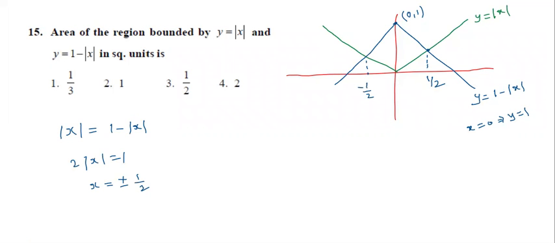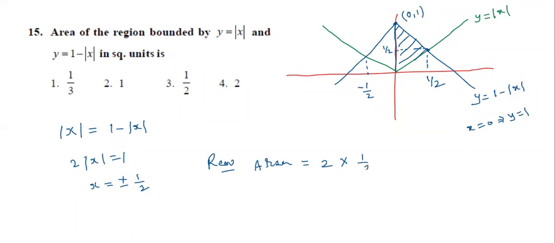Okay, students. Now this length should be 1. Now this is 1 by 2, so this is also automatically 1 by 2 only, because y is equal to mod x. Substitute 1 by 2 in any one of the curves. So the total area is required. Required area is equal to 2 times, I am going to find half of the area, this area.